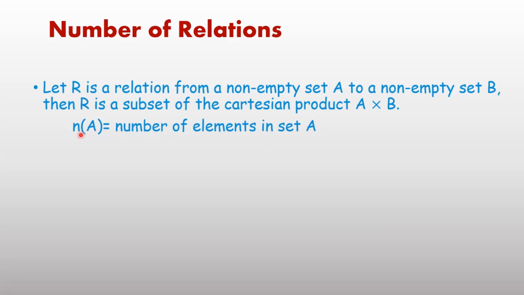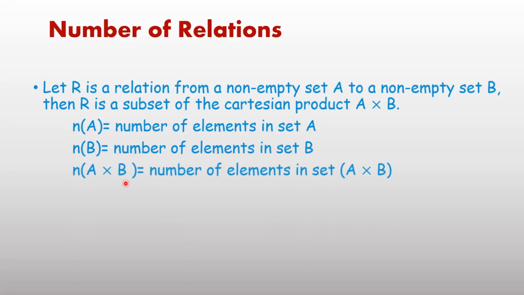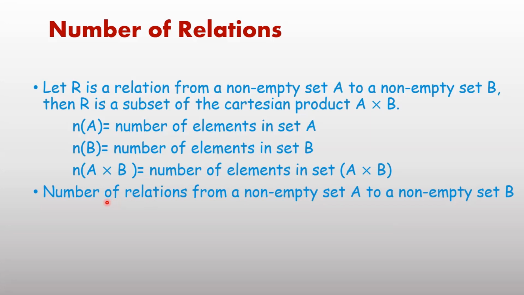Now n(A) represents number of elements in set A, n(B) means number of elements in set B, n(A cross B) means number of elements in set A cross B. Then number of relations from A to B means number of subsets of A cross B. Number of subsets of a set you have already covered in previous chapter in set theory.